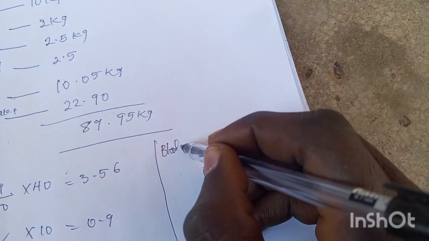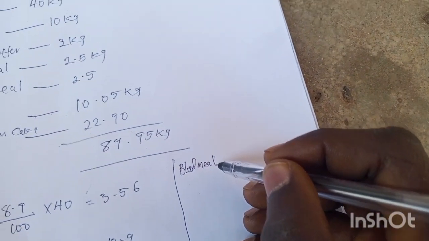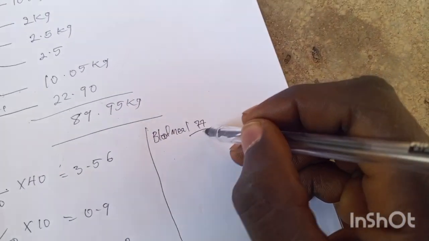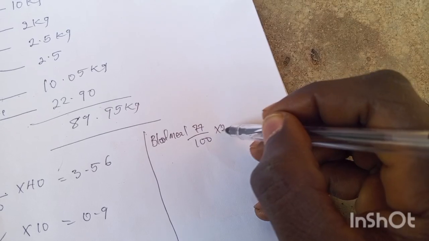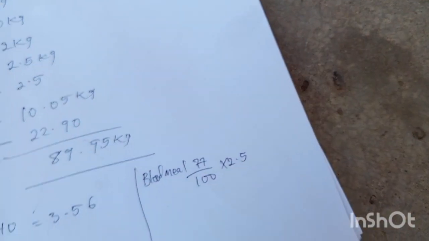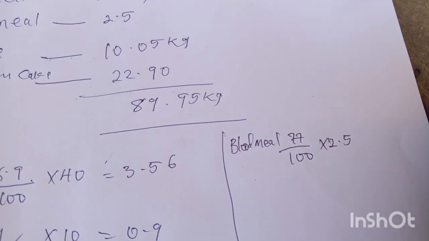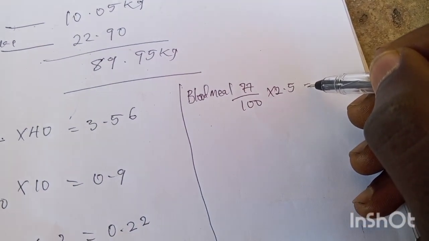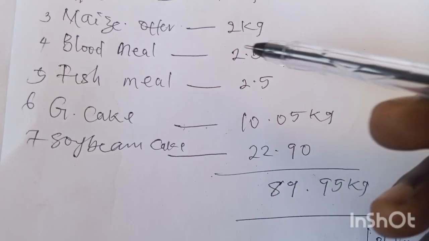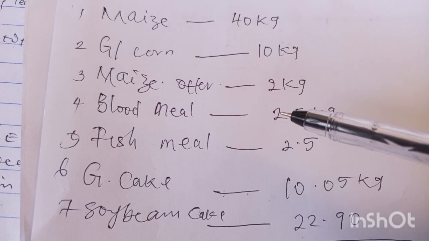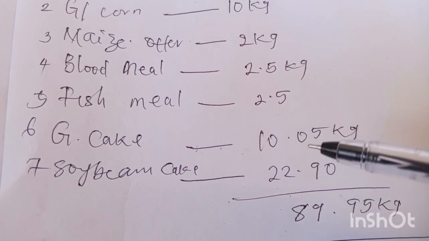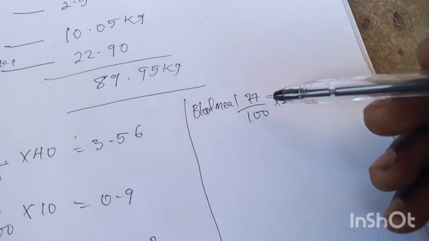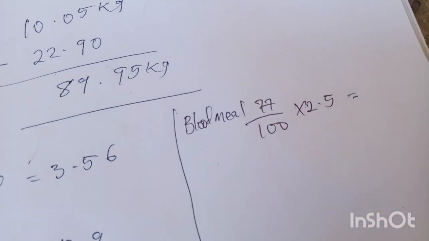Blood meal here is 77/100 times 2.5. 2.5 is the one in our paper, the one in the question here. 77 is the one already written.